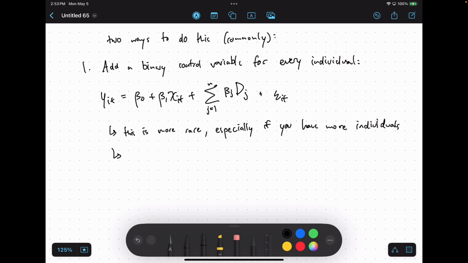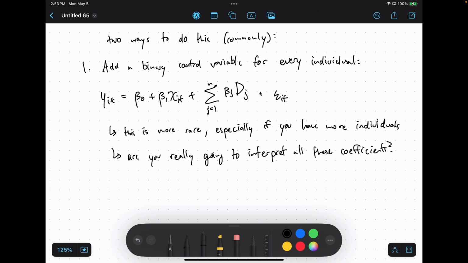And the reason for that is, are you really going to interpret all those coefficients? We really care about the effect of the treatment, exercise, on your weight.